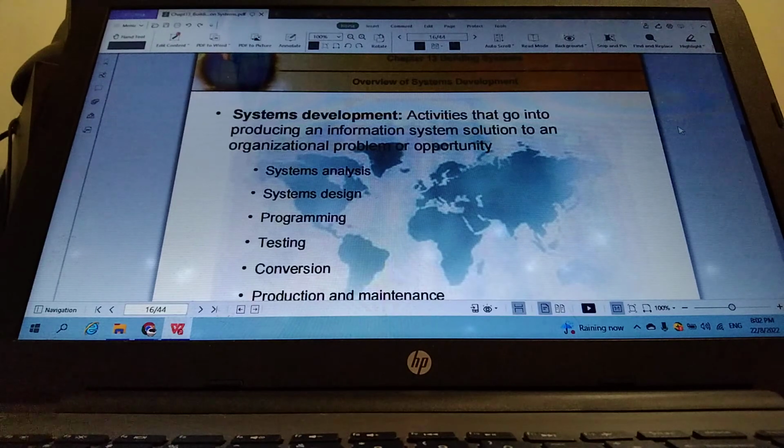We always start with system analysis as the very first stage. As usual for any project, there will be what we call an investigation stage or data gathering stage, where we have to identify the objective of the project, the goals that we want to go for, the aims of the project.